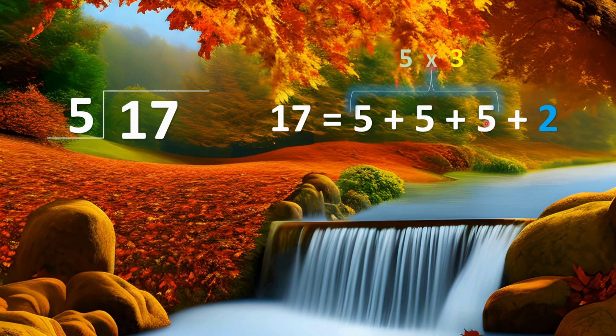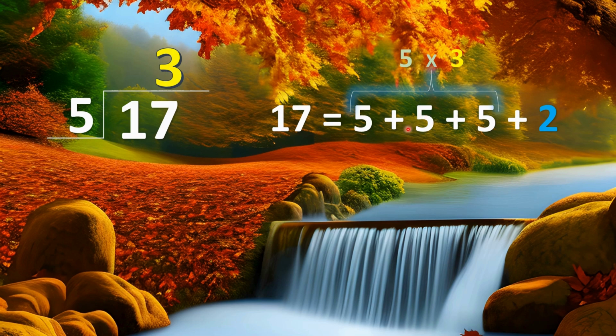Okay? So now where do we write this 3? This 3 has to go over 7, not over 1. 1 divided by 5 is not possible because you cannot give 5 people 1 thing each equally. So we see the 3 is over 7 because we took 17 things to give to 5 people, and each person got 3.